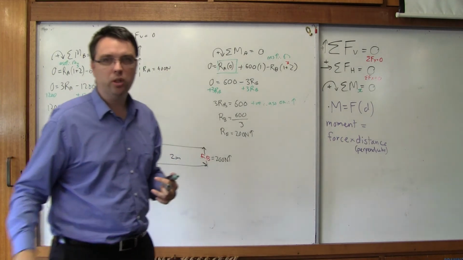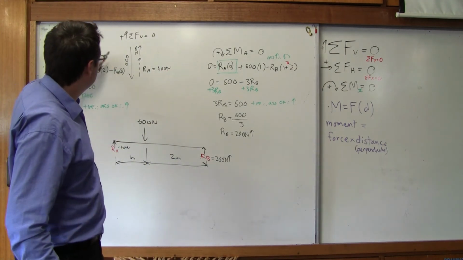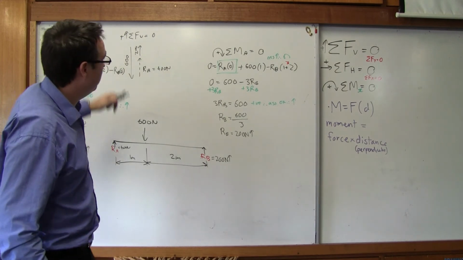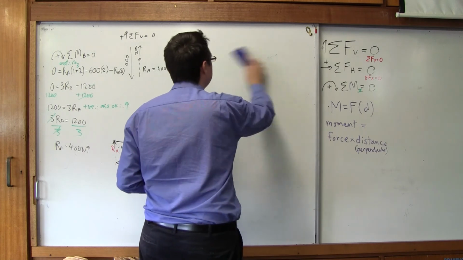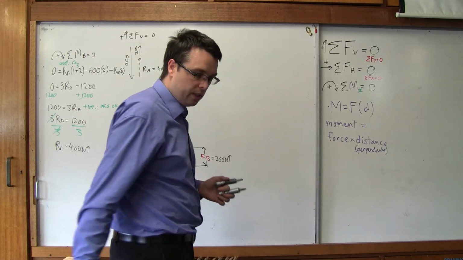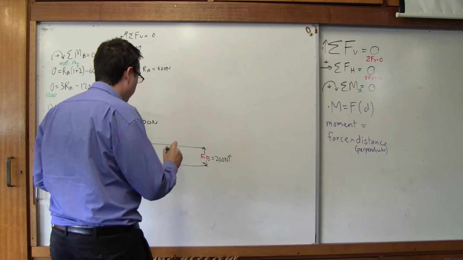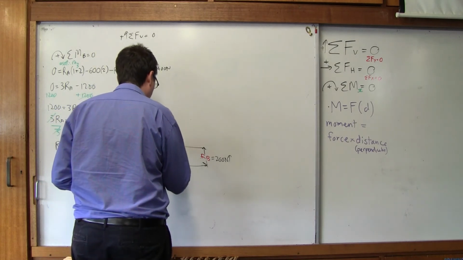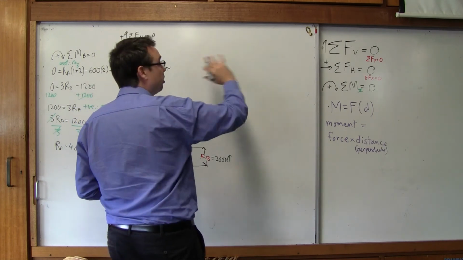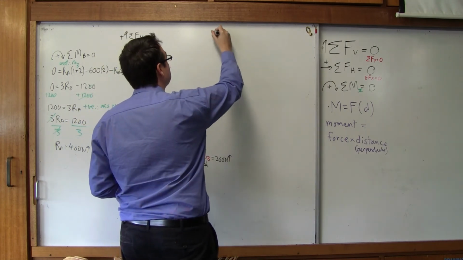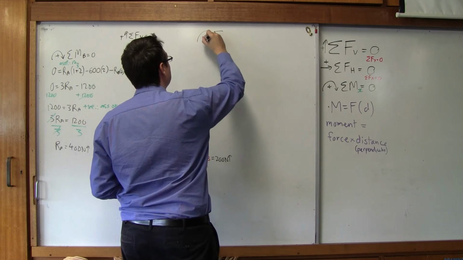This is just to demonstrate this mathematical sentence here, the sum of the moments at B equal to 0. So I'm just going to prove that by doing one last point, and we're going to measure that from this point here, which we're going to call C. Okay, so we're just going to prove that 0 equals 0. So clockwise moments are positive.